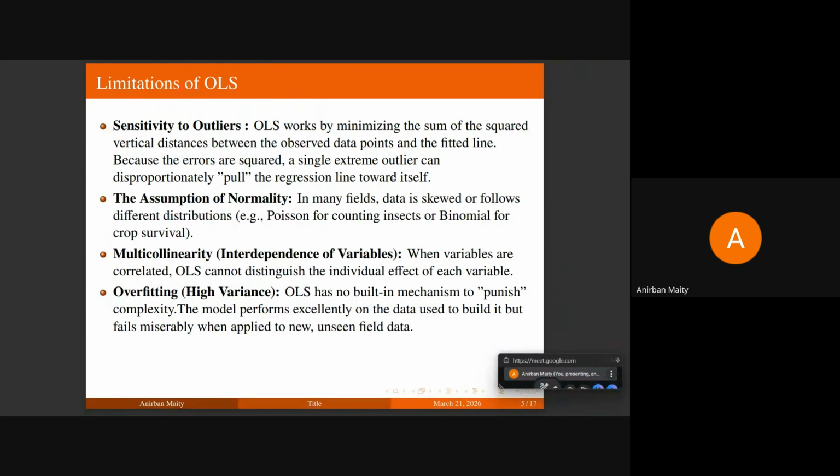Second thing is multicollinearity. When the explanatory variables are intercorrelated among themselves, then OLS cannot distinguish the individual effect of each explanatory variable. Another thing is overfitting. OLS has no built-in mechanism to punish complexity.